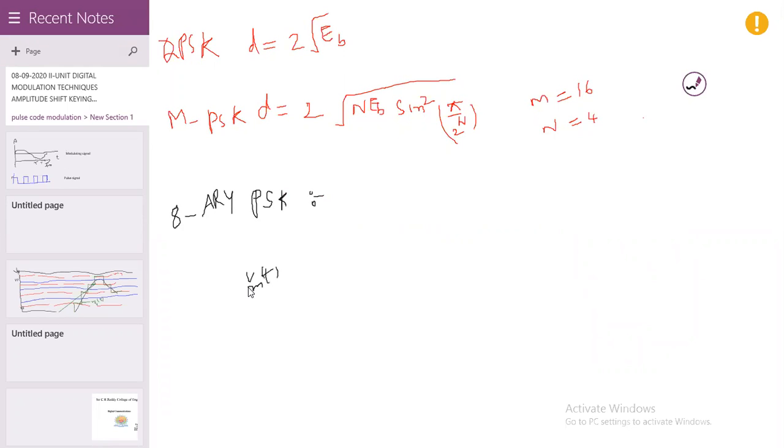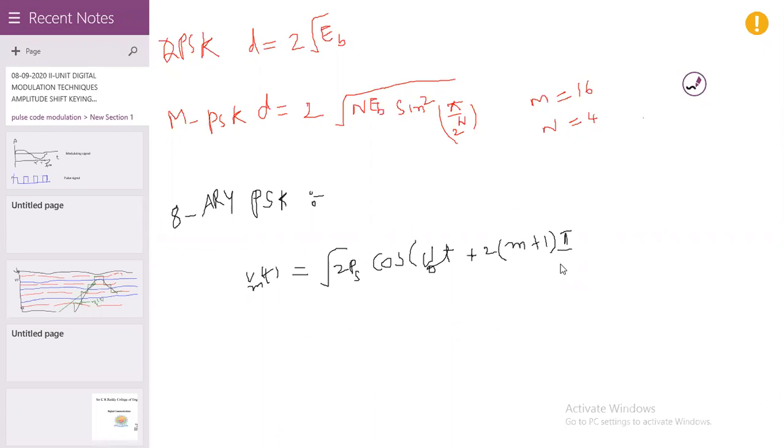Vm of t equal to root of 2Ps cos of omega naught t plus 2 into (2m plus 1) pi by 8.